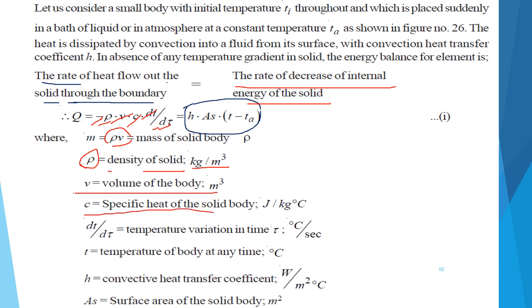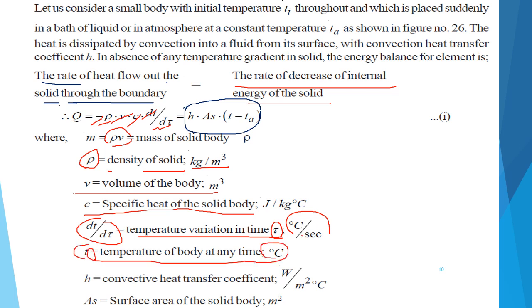C is the specific heat of the solid body, unit is joule per kilogram degree Celsius. dT by d tau is the temperature variation with time tau, unit is degree Celsius per second. T is the temperature of the body at any time, unit is degree Celsius. h is the convection heat transfer coefficient, unit is watt per meter square degree Celsius. As is the surface area of the body, unit is meter square.